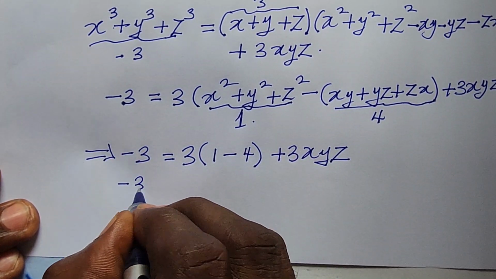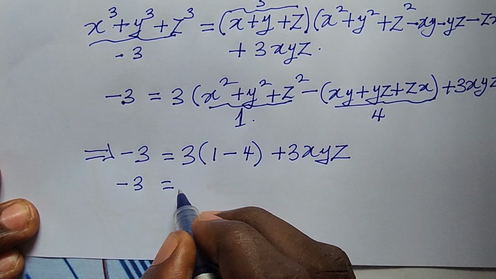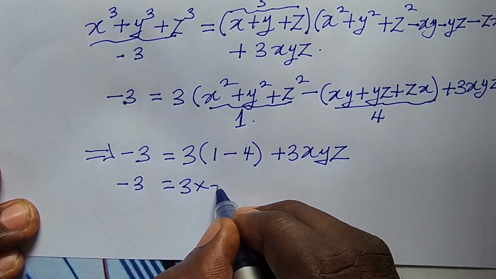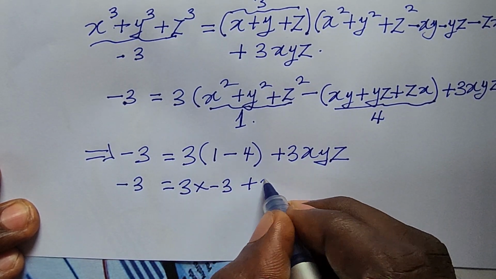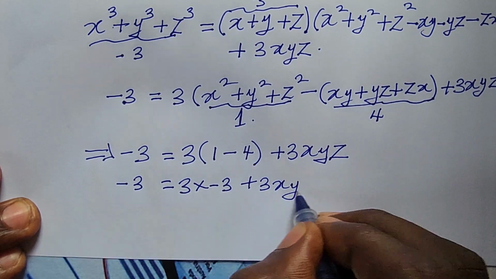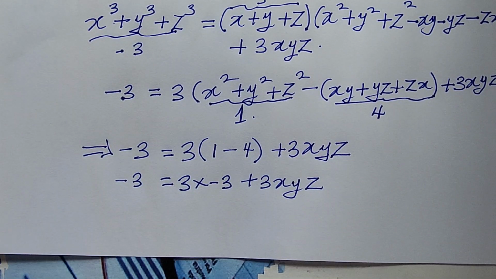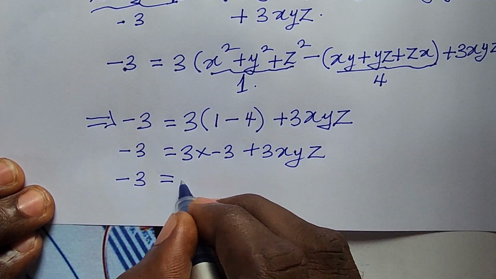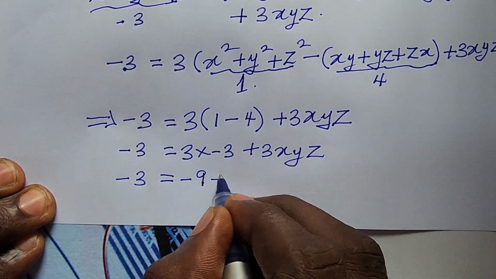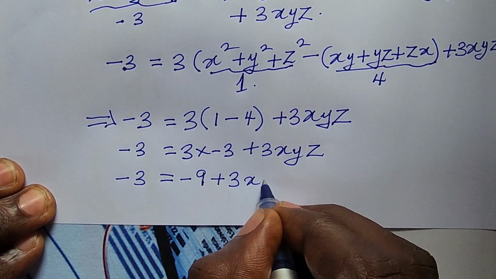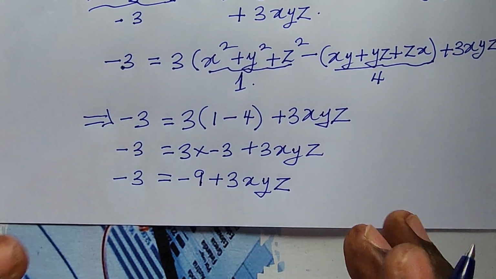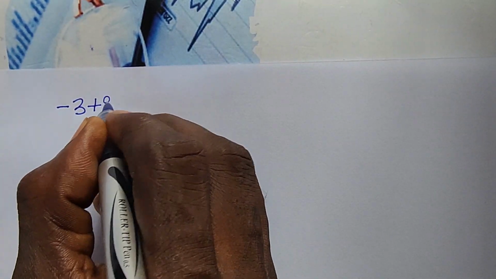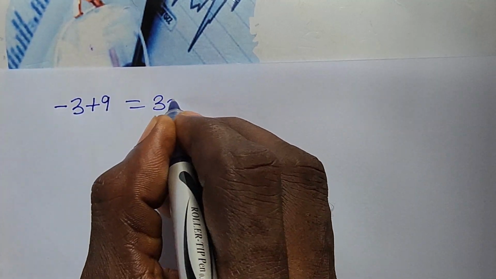So our minus 3 will now be equal to 3 times minus 3 plus 3xyz. Wow. So we have minus 3 is equal to minus 9 plus 3xyz.